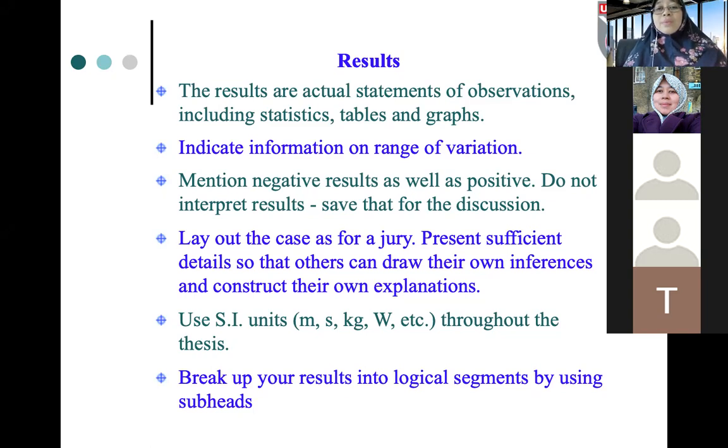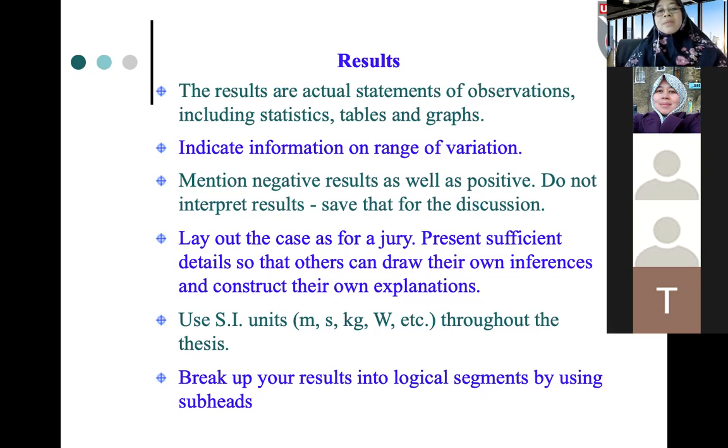What do you observe for your results when you put your data in the form of tables, graphs, pie charts, or you have photos, images from FESEM or HRTEM, you have GCMS, you have Raman spectra, or you have NMR spectra. So you need to tell the actual observation.